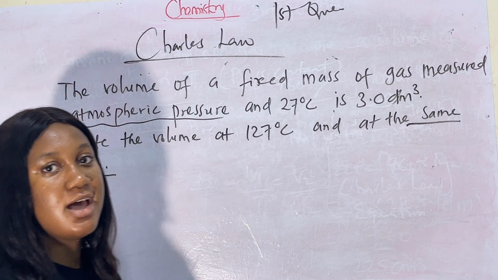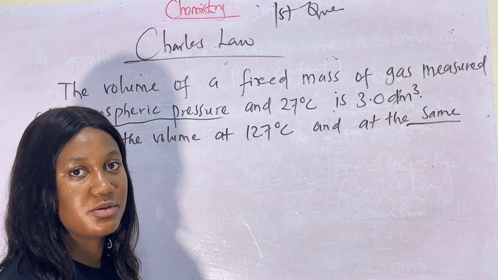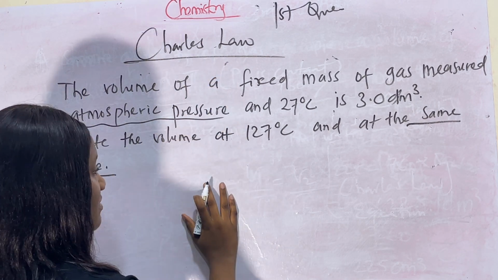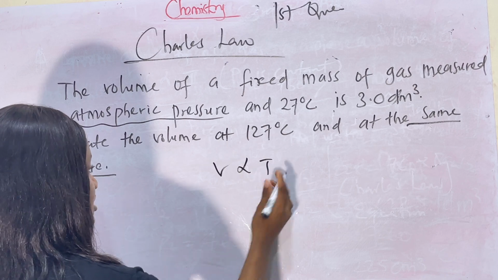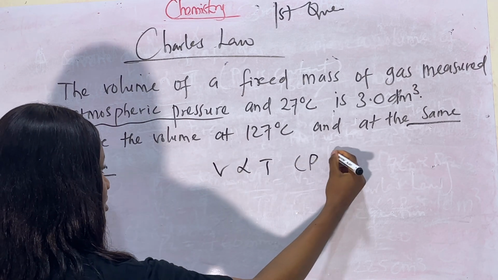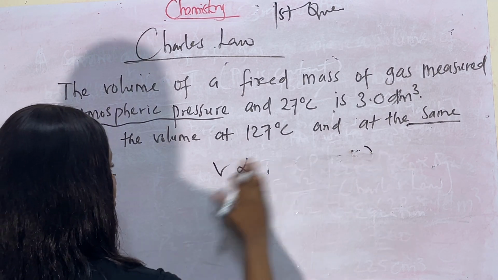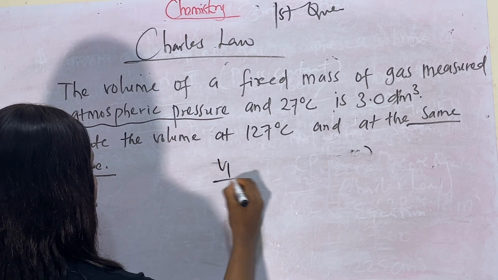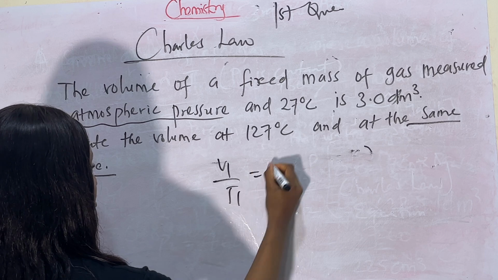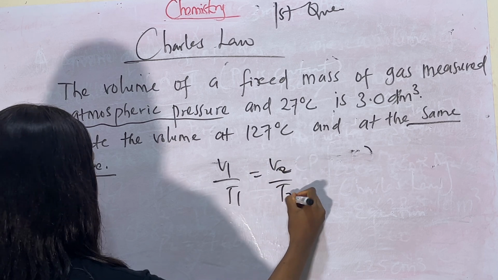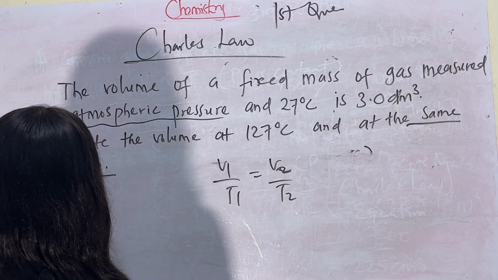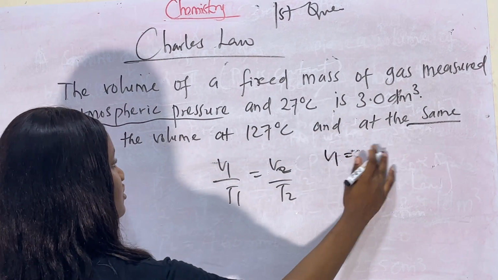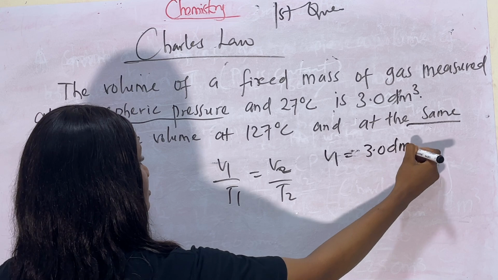Of course, this confirms Charles' law, because we say that the volume of a given mass of gas is directly proportional to temperature, provided pressure is constant. All right? So the same pressure means that we are going to use the equation V1 over T1 equal to V2 over T2. So our V1 here is 3.0. So V1 equals 3.0 dm cubed.